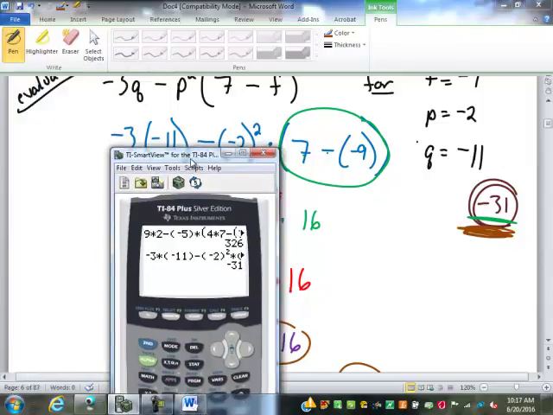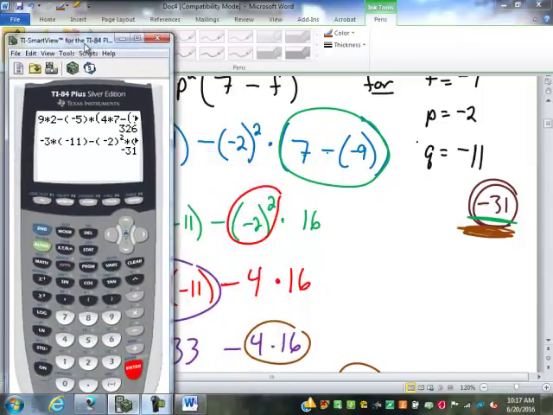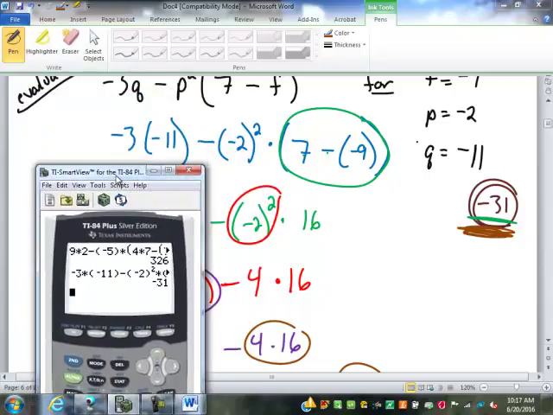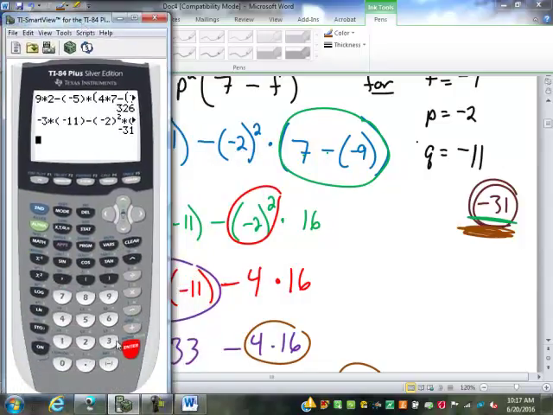So here, let's walk you through step by step entering this in. You're going to type in the -3 times, open parentheses, -11, close parentheses, minus, open parentheses, -2, close the parentheses, hit the x squared key.